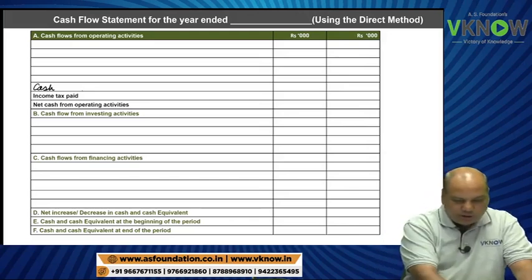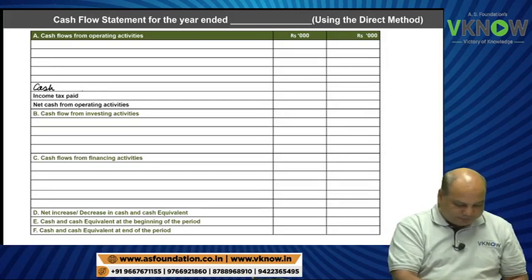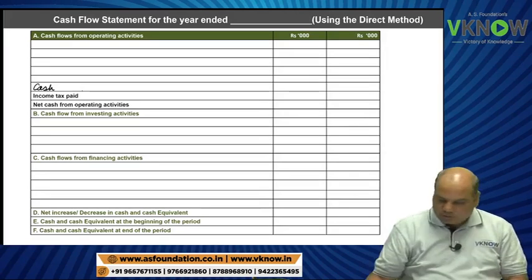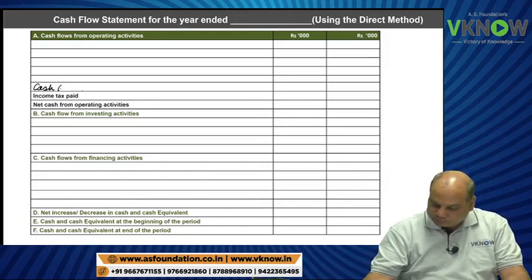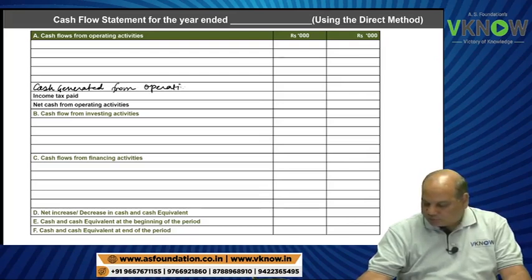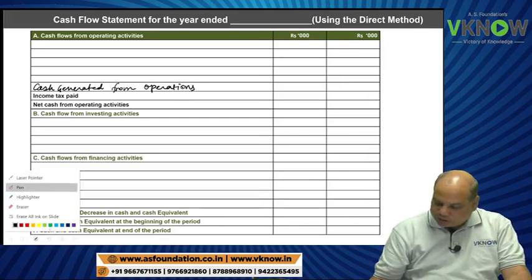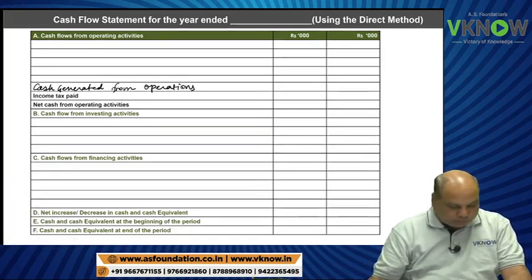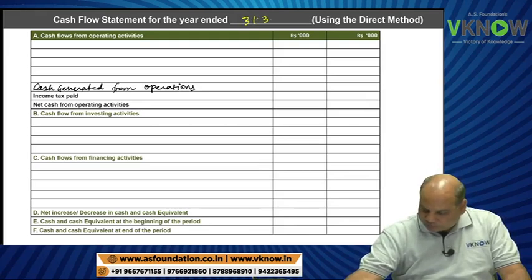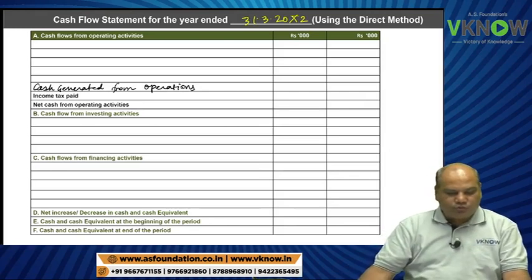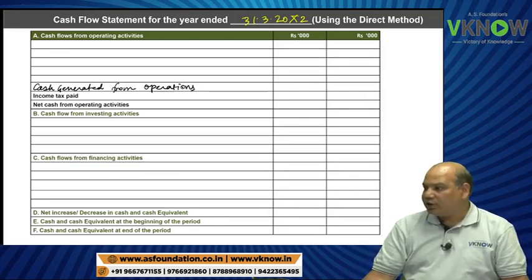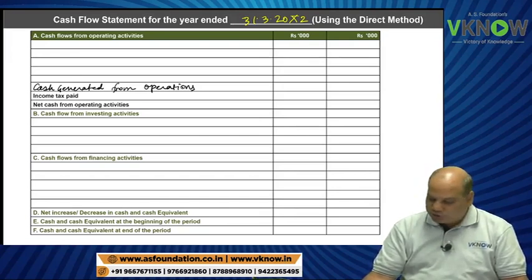AS Foundation Limited. Cash flow statement for the year ended 31st March 20x2, using the direct method.